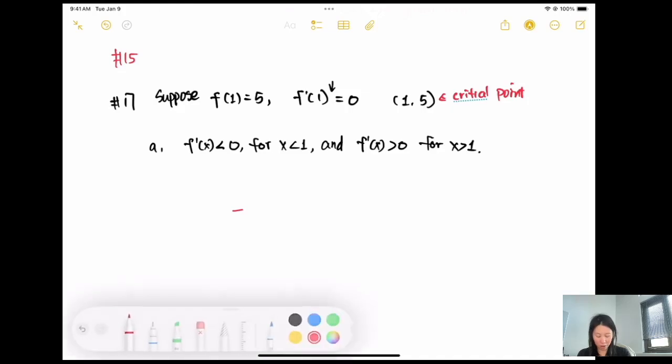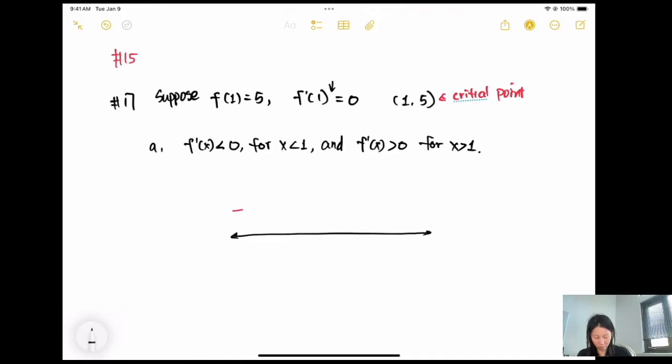if here is the graph, when x equals 1, y equals 5, we have this point. This is one of the points on the graph. And then when x is less than 1, on the left side of the point, the derivative is less than 0.